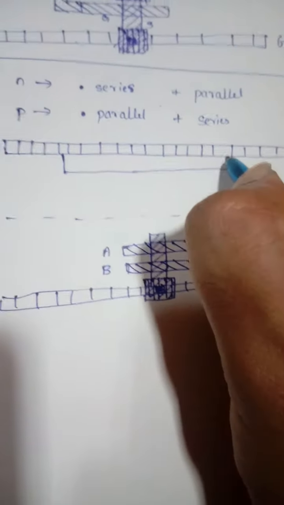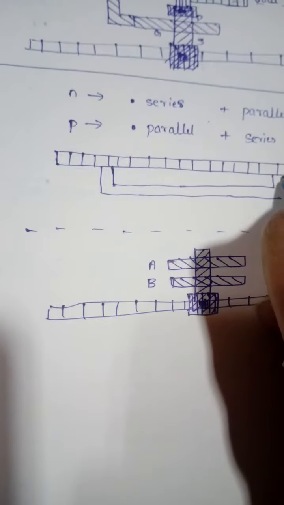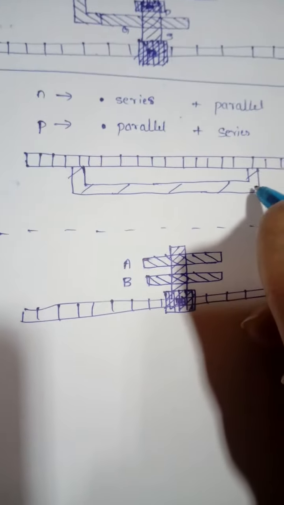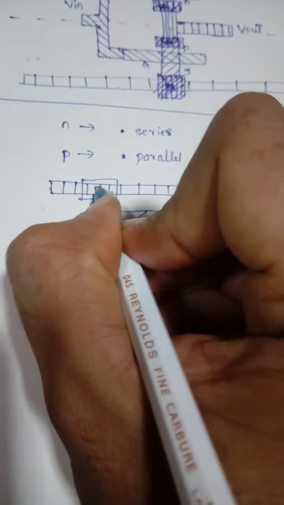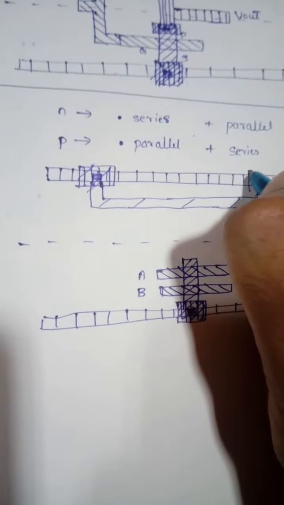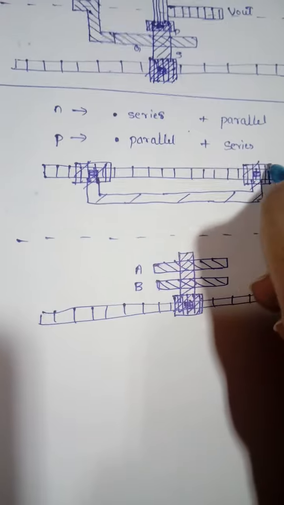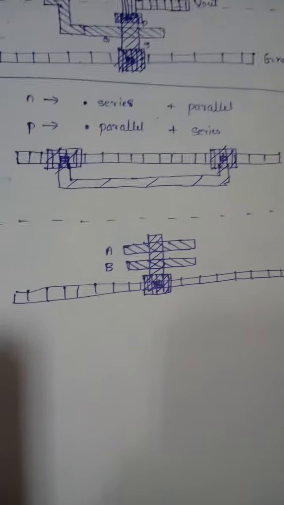So we will design a parallel path here by using the P plus diffusion. So if you give more space, it is understood that it is a P plus diffusion, and you have to make use of contact cut, which will be of metal and P plus type. So here also we'll make use of one more contact cut, which will be of metal and P plus type, right?